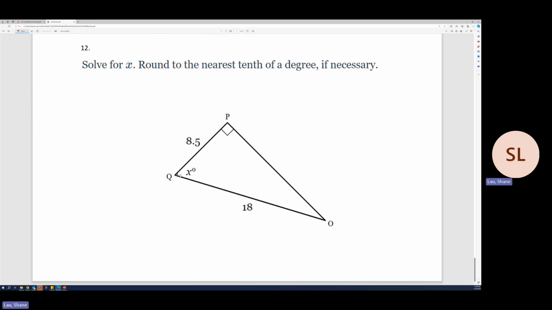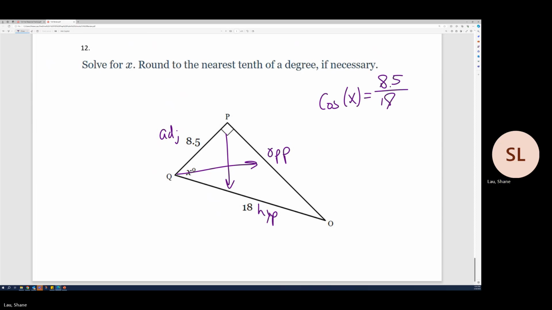With angle Q, this is our opposite. Well, obviously our opposite doesn't have anything. We know that this is the hypotenuse because it's across from 90 degrees. And this therefore must be our adjacent element. If we have adjacent and hypotenuse, we're going to be working with cosine. Cosine of x equals adjacent 8.5 over hypotenuse, which is 18.